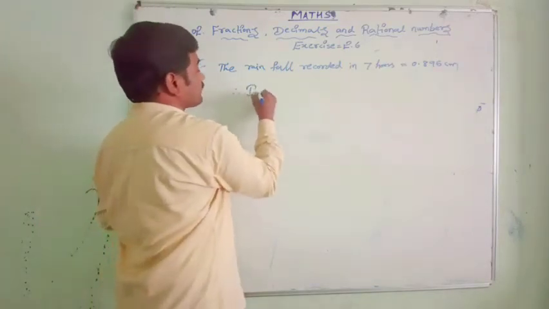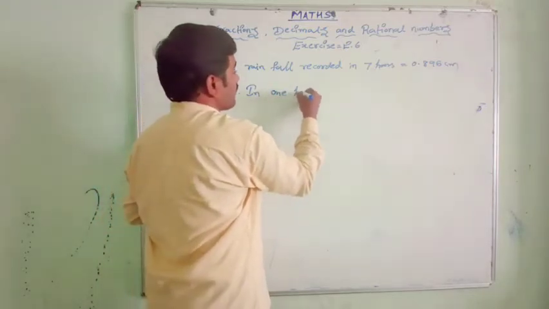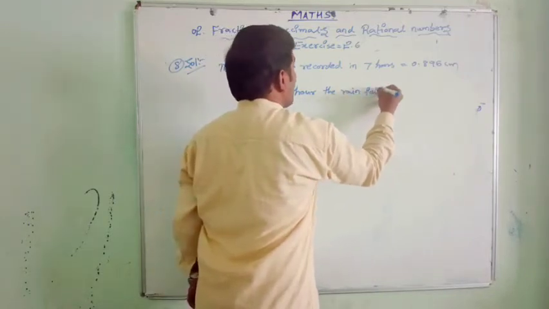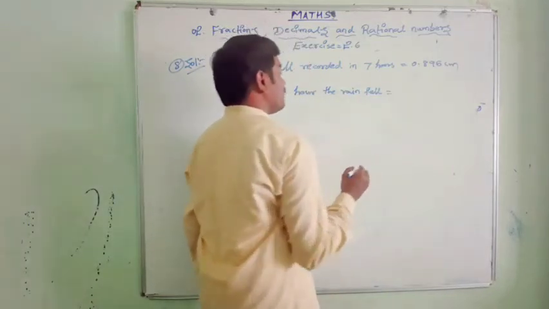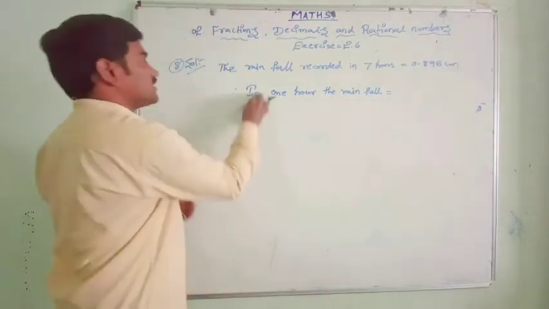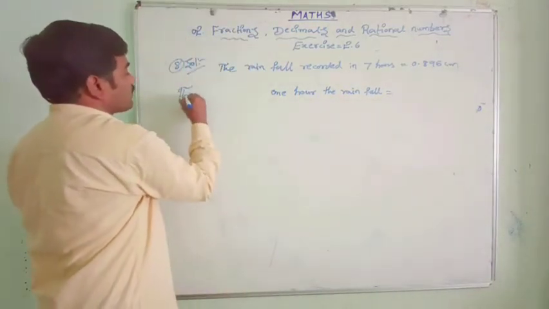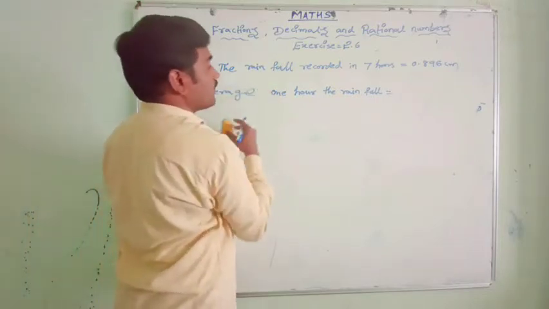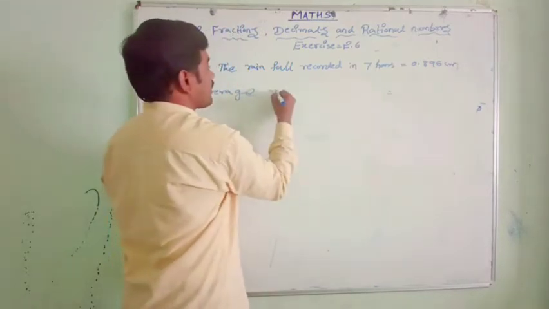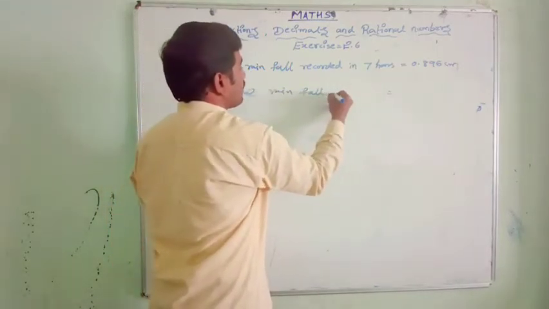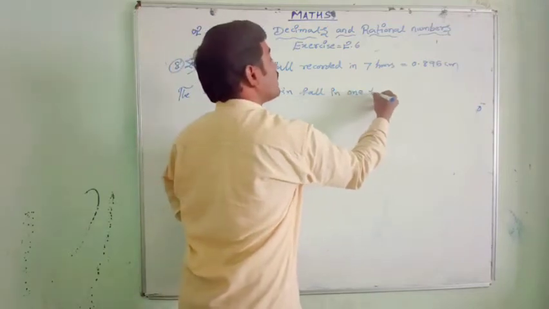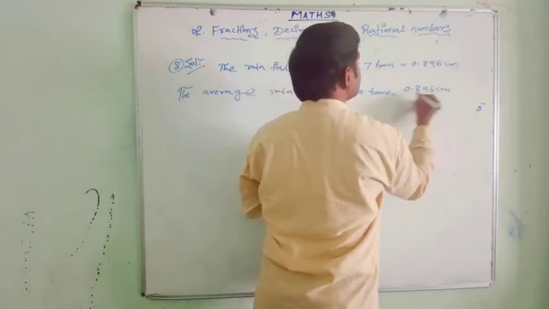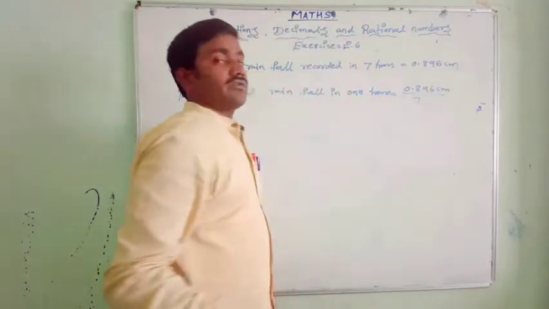Therefore, the average rainfall in 1 hour is equal to 0.896 centimeters by 7. Average we have to take.